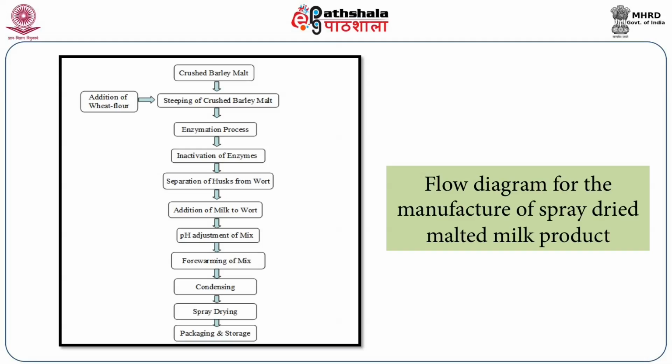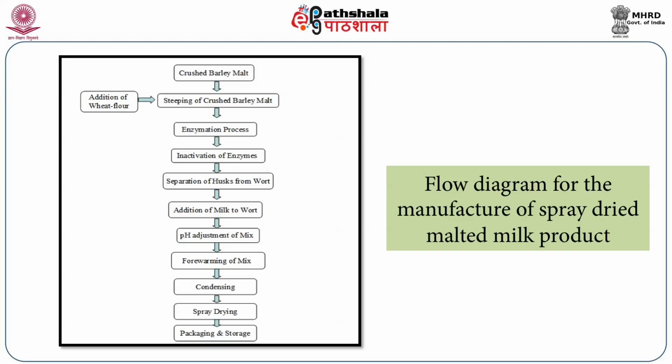The enzymation process is subsequently inactivated by applying heat treatment to deactivate the enzymes. Then this mixture of barley malt, wheat flour and water is filtered to separate out husk from the wort. Now, this filtered mixture is known as wort.